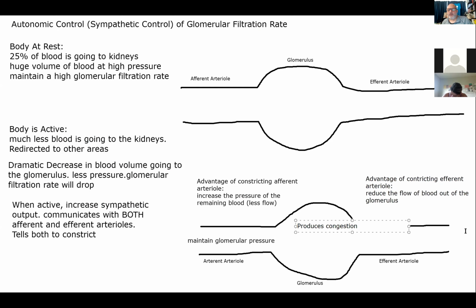And after all, when we have congestion in a blood vessel like this, this congestion means that the blood stays in the glomerulus for longer. And if it stays in the glomerulus longer, it has more time to bounce on the walls. And so that congestion staying in there longer increases the blood pressure.